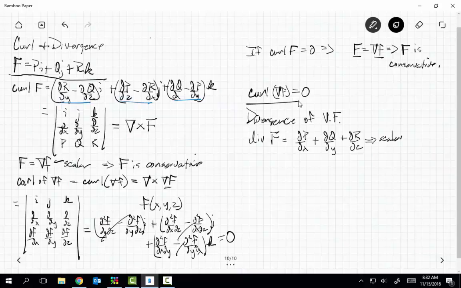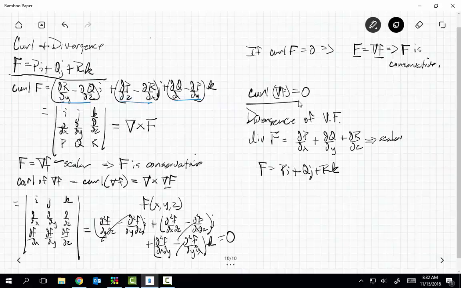Well, let's not get ahead of ourselves too quickly here. Remember, if I start with F equals Pi plus Qj plus Rk, that's my vector field. What did I do here? I took the partials of each one of these.